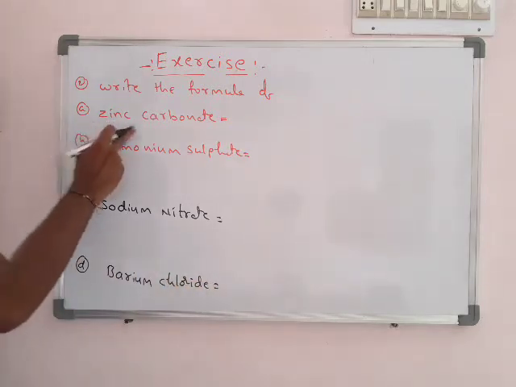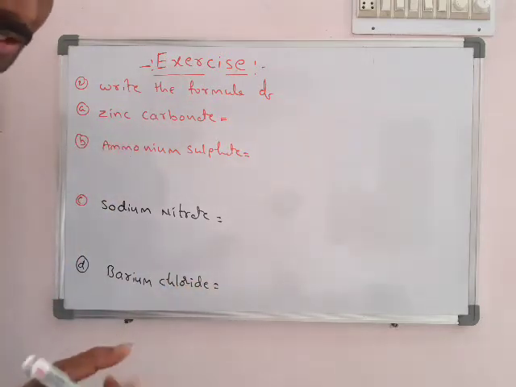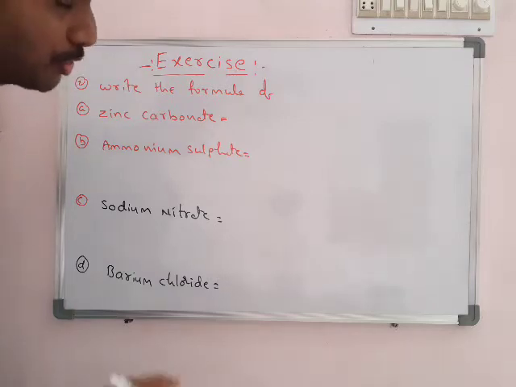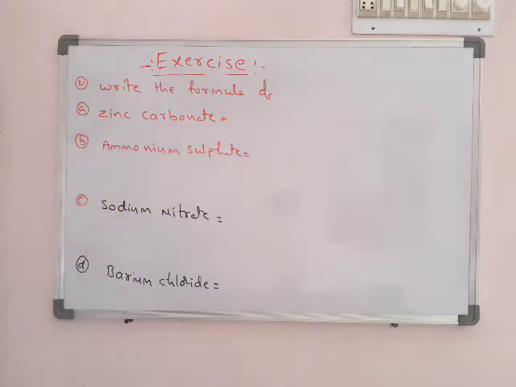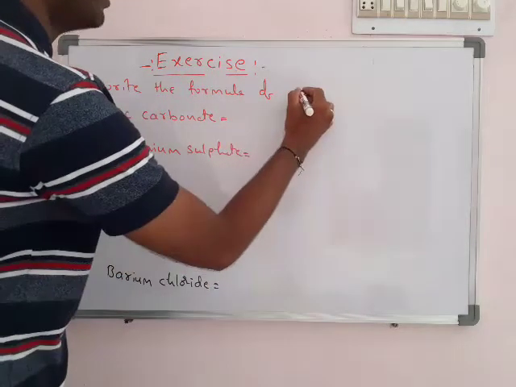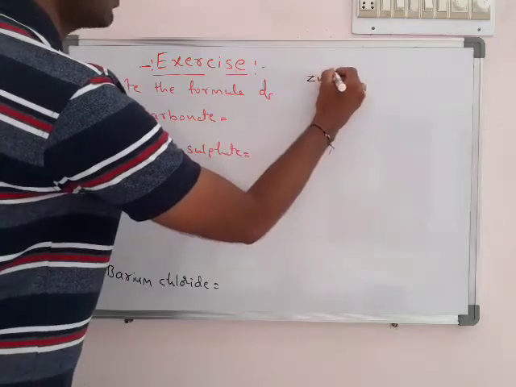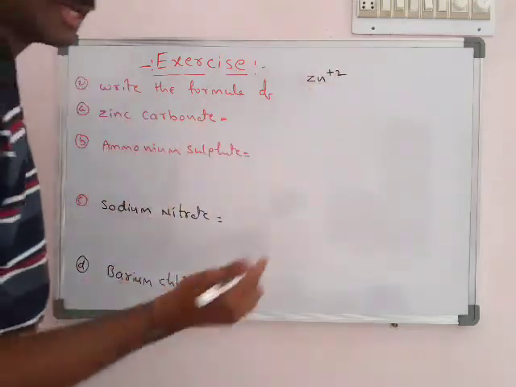So what is zinc carbonate? With the help of the crisscross method, we are able to do this. What is the zinc ion? Zinc means Zn plus 2. What is the carbonate?